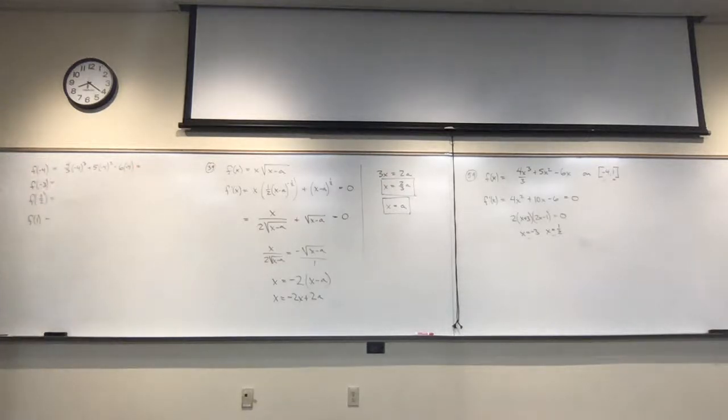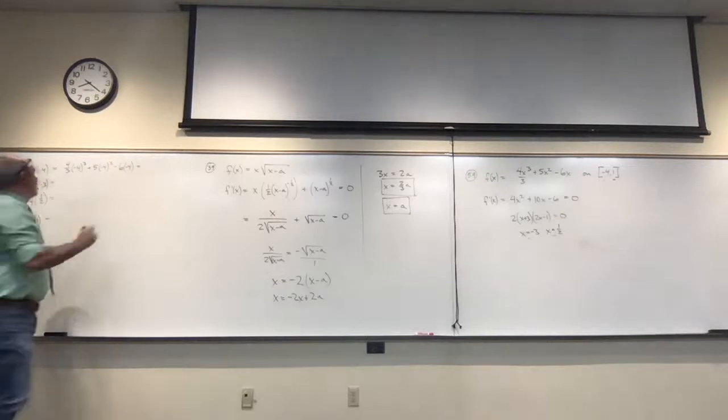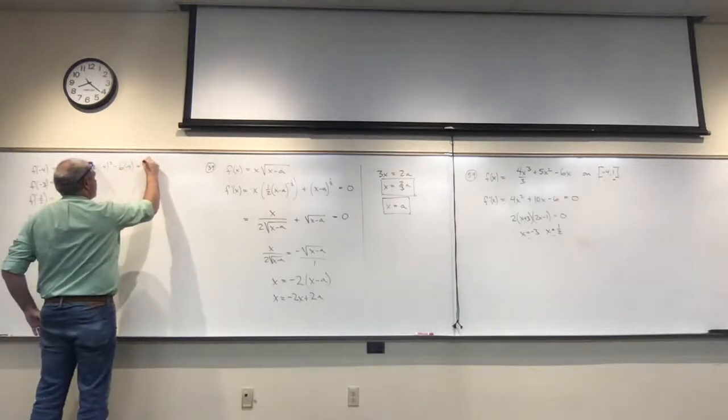Minus 4 cubed is negative 64, times 4 is what? Negative 256. Negative 256 over 3.